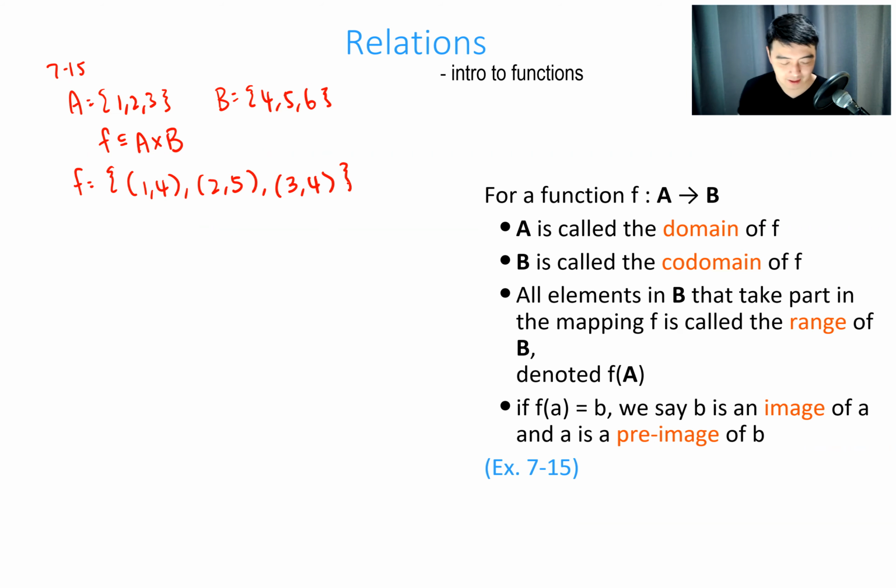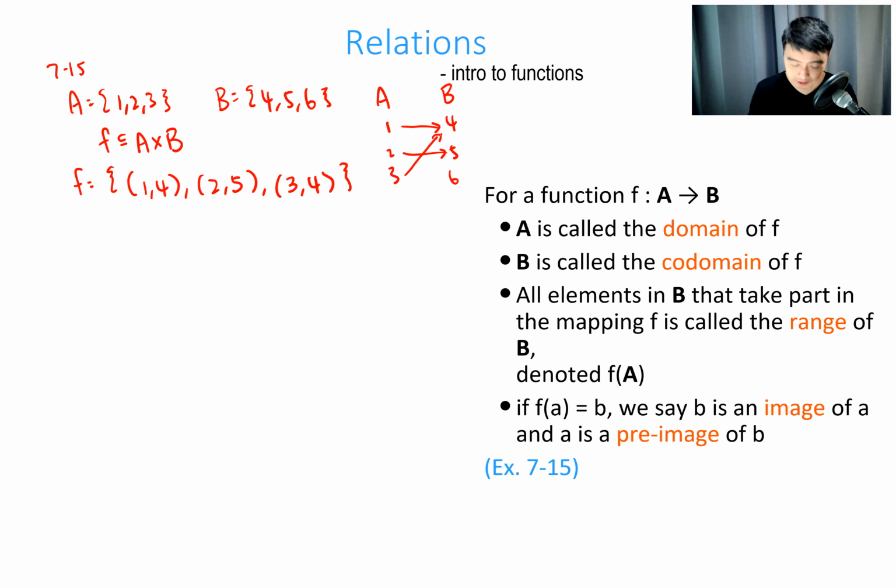In fact, a good way to determine whether or not it's a function is to write it out like this. Here we have set A, and here we have set B. One good way to analyze whether this is a function is simply to draw arrows from inputs to outputs. Input 1 goes to output 4, input 2 goes to output 5, and input 3 goes to output 4.